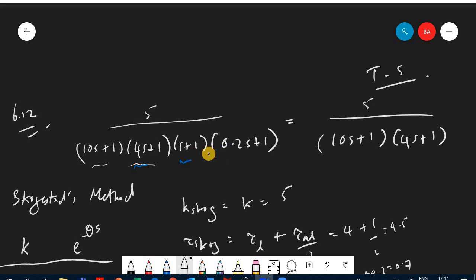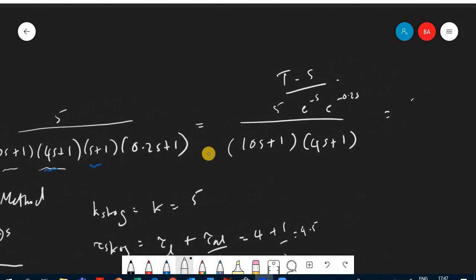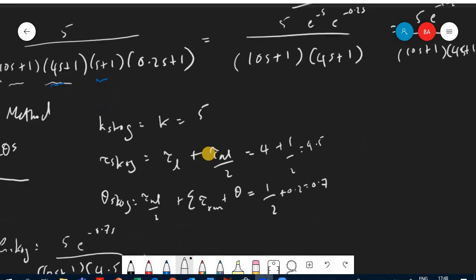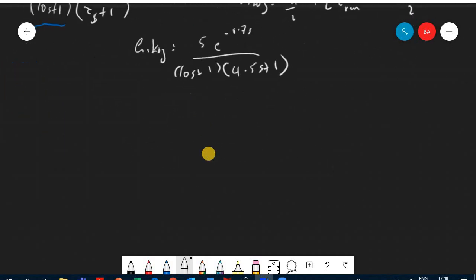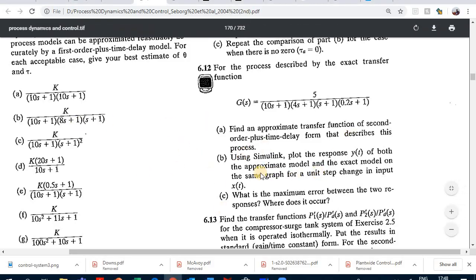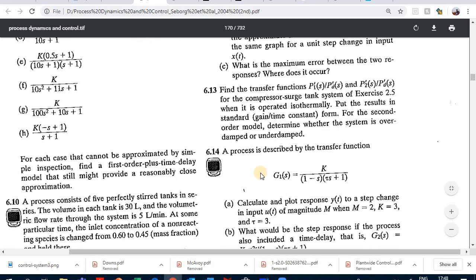So this will be like e to the power minus s and e to the power minus 0.2s, and in this case our answer will be e to the power minus 1.2s divided by (10s plus 1) into (4s plus 1). And by the way, if you plot both of them, you're going to find that both of them are accurate. So that was 6.12 for the approximation methods.